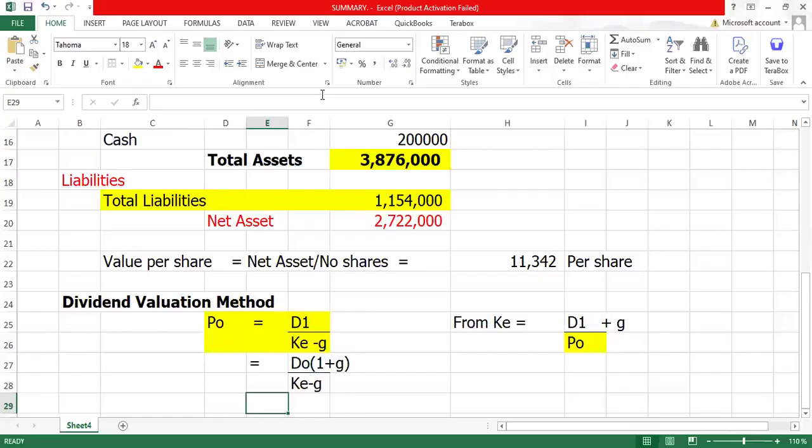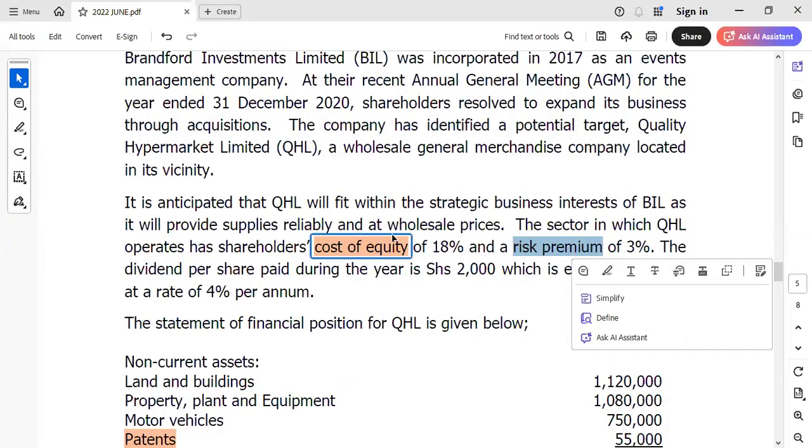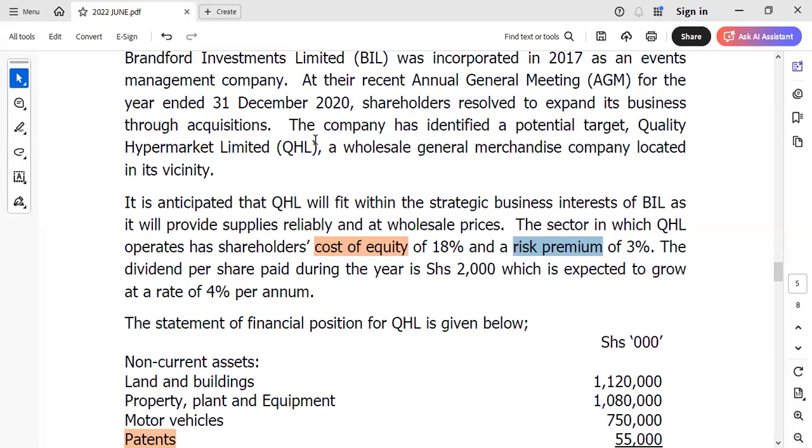What about the risk premium? Someone was asking me during the day, what about risk premium? Now, you are given a cost of equity. Cost of equity is KE.